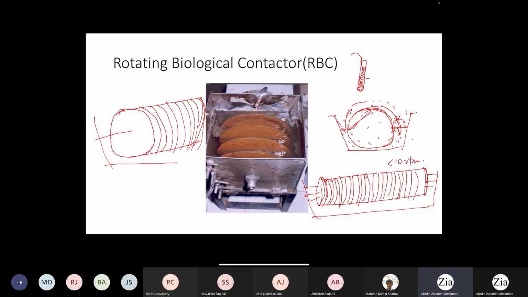So after getting these colonies, you just take a few colonies from there and put them in a conical flask where you already have your media solution. Media solution means essentially this solution will have all nutrients for growing the bacteria.